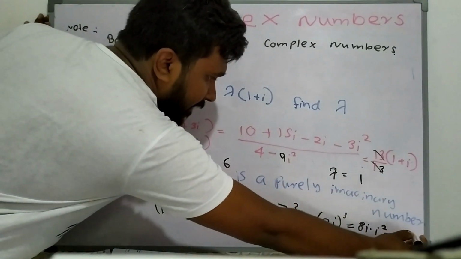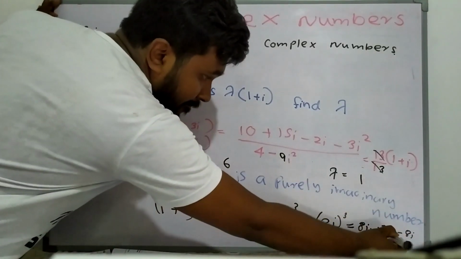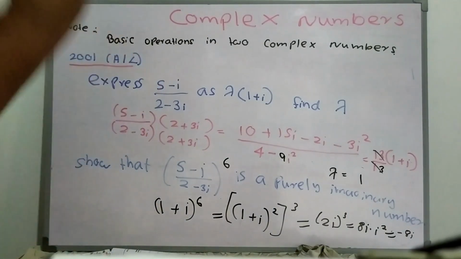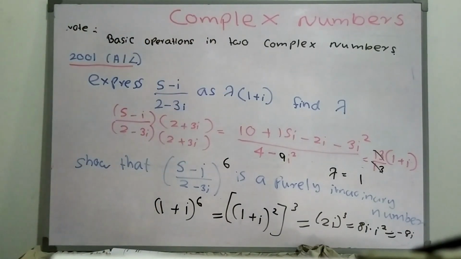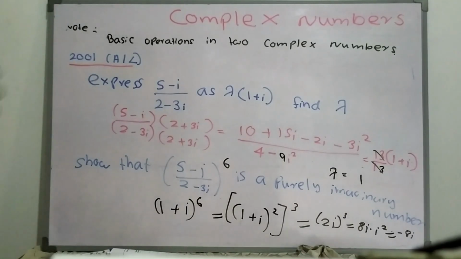It's true, it's minus 8i. Minus 8i means the real part is 0. We have only the imaginary part, which is minus 8. Then you can interpret the answer. This number is a purely imaginary number because the real part is 0. It's only minus 8i.